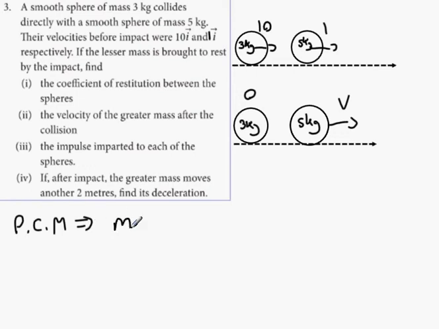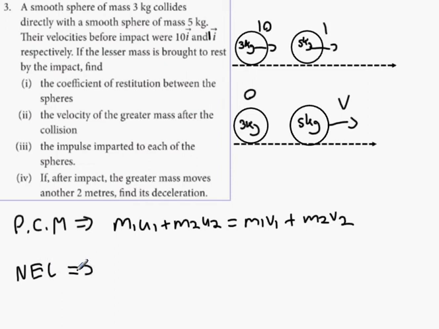So mass 1 times its velocity before collision plus mass 2 times its velocity before collision must equal mass 1 multiplied by its velocity after the collision plus mass 2 multiplied by its velocity after the collision. That makes sense?